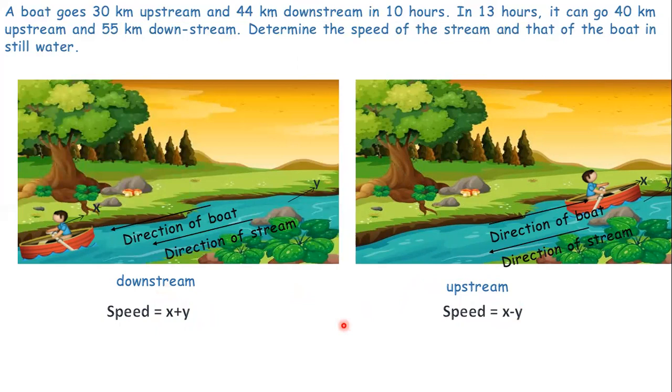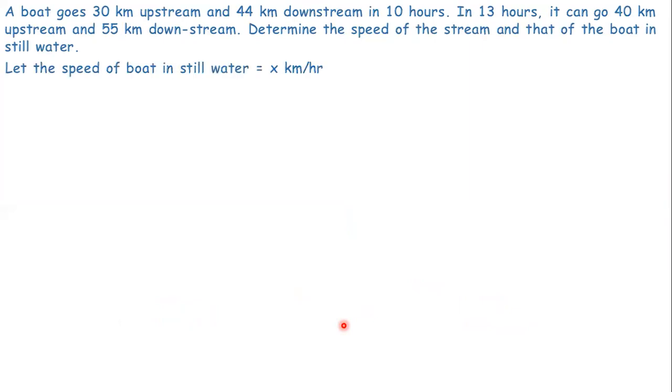Now, let us solve the problem. Let the speed of the boat in still water be x kilometer per hour. Still water means standing water. Let the speed of the stream be y kilometer per hour.